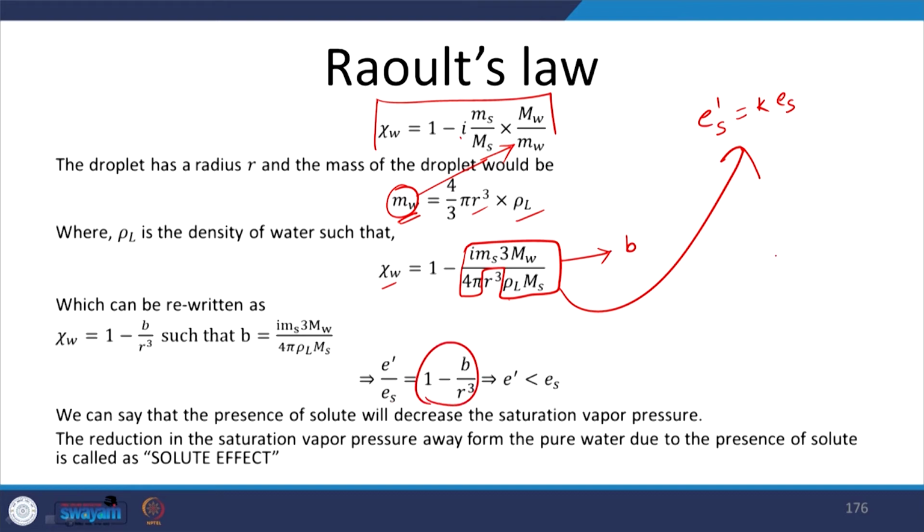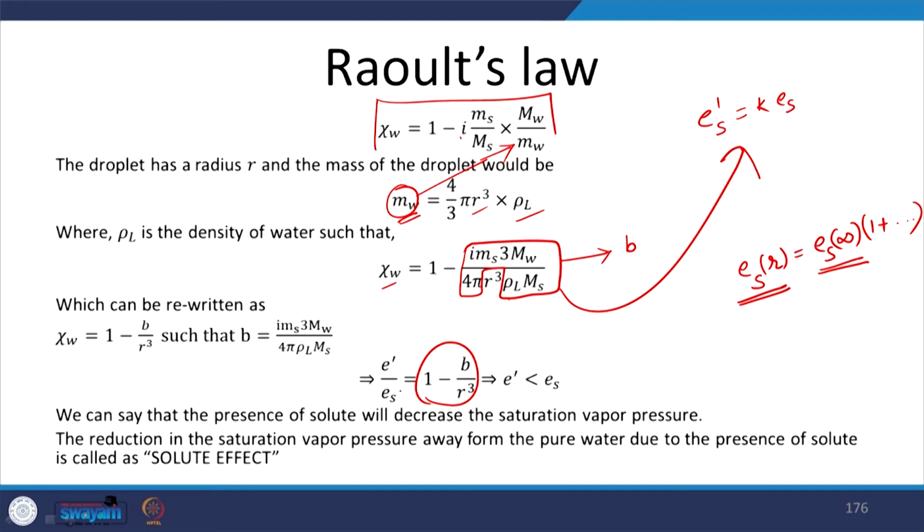So in the case of the curvature effect, we see that the saturation vapor pressure over a curved surface in comparison to the saturation vapor pressure over a flat surface was something like this, 1 plus. That means the saturation vapor pressure over a curved surface will always be larger than over a flat surface. So here you see the exactly opposite.